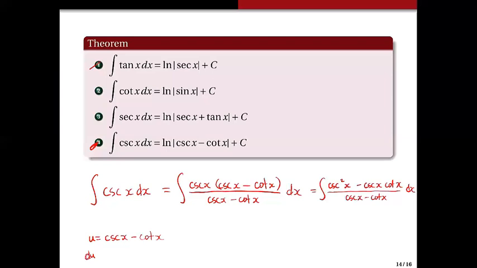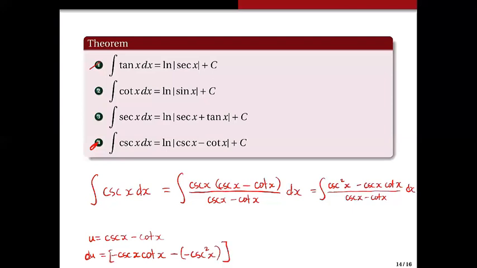du is equal to the derivative of cosecant of x, that's negative cosecant of x cotangent of x, minus the derivative of cotangent of x, that's minus cosecant squared of x.